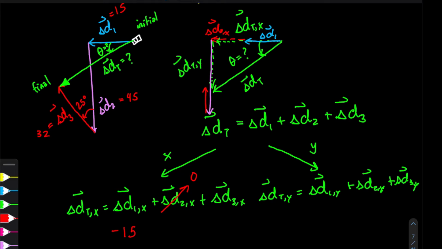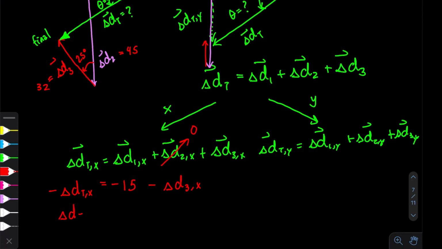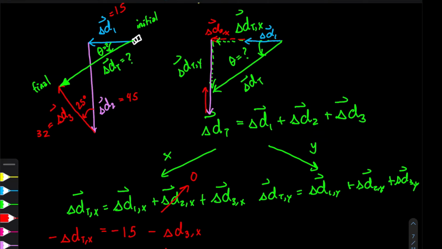And delta d3x was pointing to the left, so we have to put negative delta d3x. Our total displacement along the x was pointing to the left, so we put it as negative. We can simplify this by dividing both sides by the negative to give us this expression.